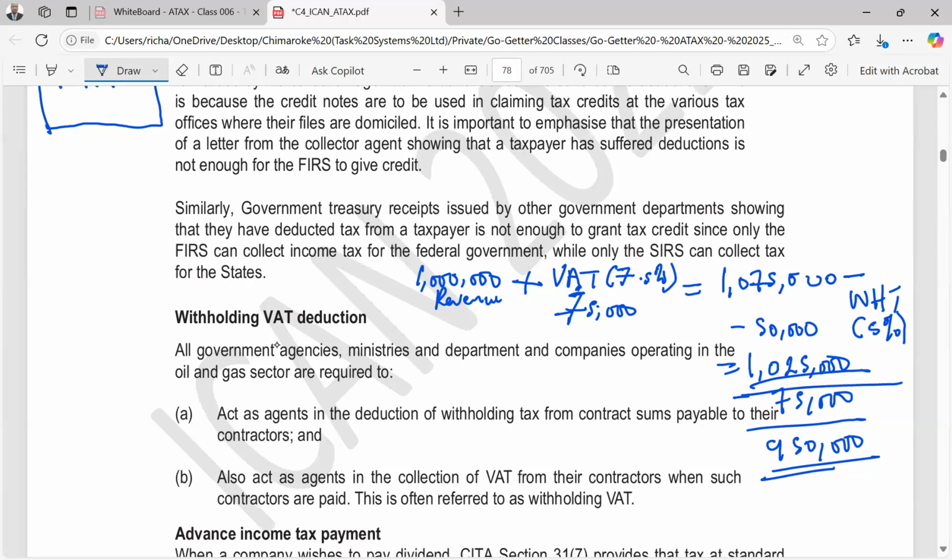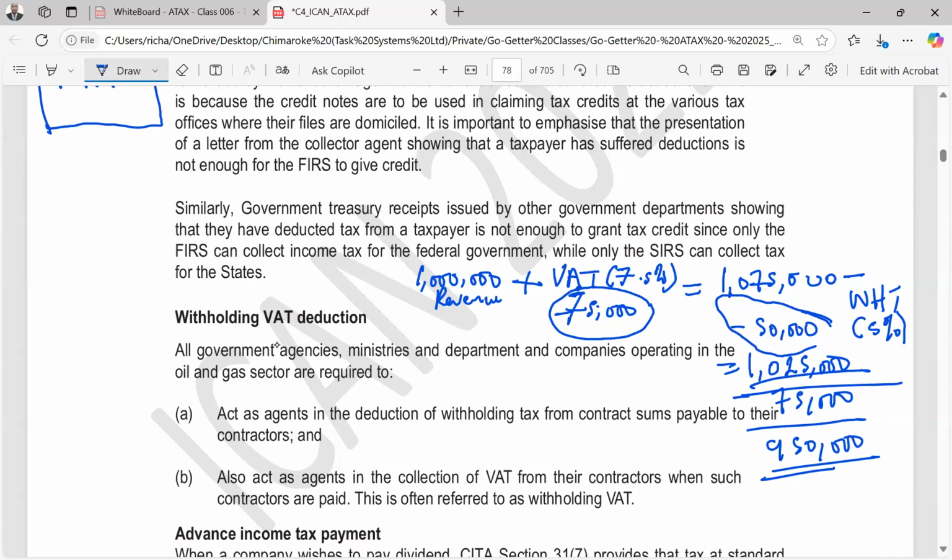So it means here, government has taken this VAT, I mean, and they have taken this withholding tax. Now, normally, this withholding tax is supposed to be withheld, right? Because that's a law. But VAT, you are a VAT collection agent.